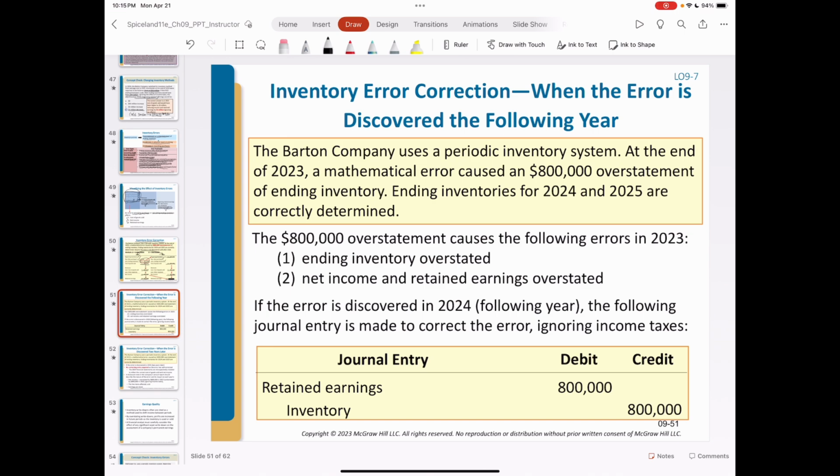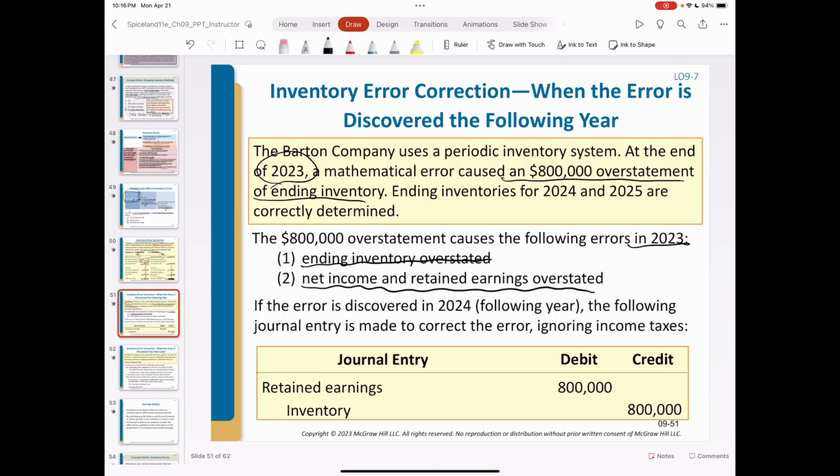There was an error: an $800,000 overstatement of ending inventory in 2023. The ending inventory was overstated by $800,000 in 2023. Because inventory is overstated, cost of goods sold will be understated.